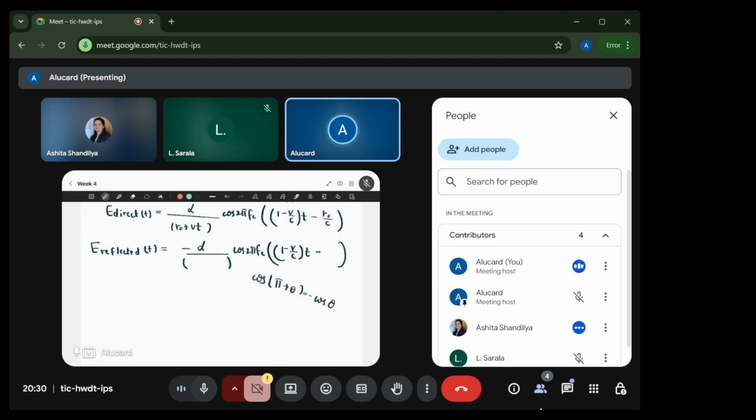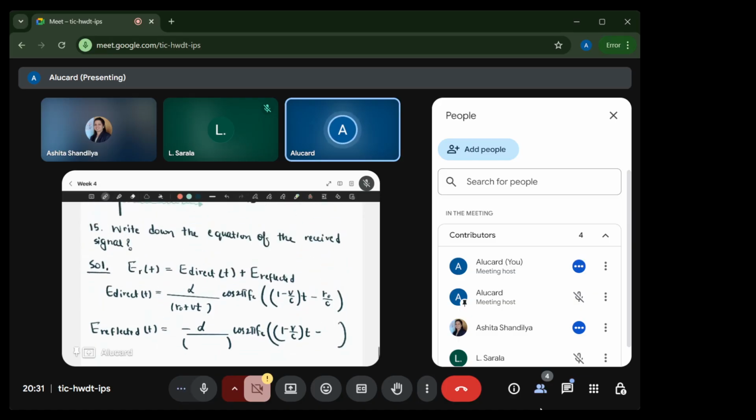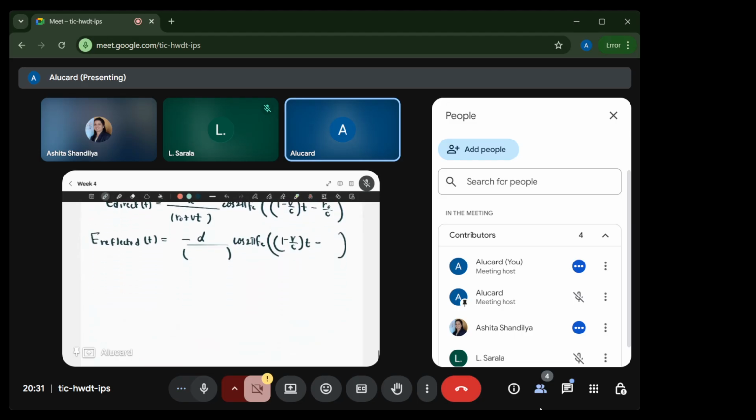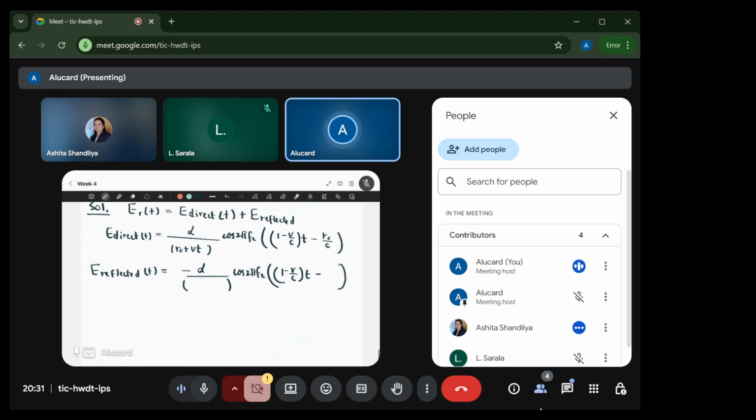So you can write this as minus alpha or whatever, or you can add plus or minus theta inside the phase term. Both are the same. So those are the direct and reflected components, and you add those up to get the equation of the received signal.